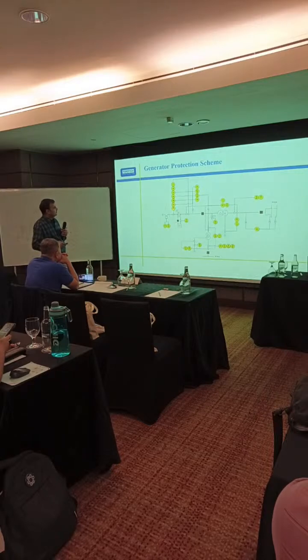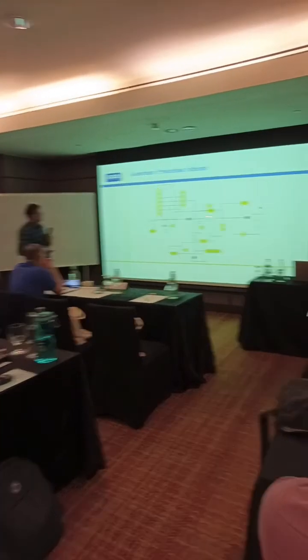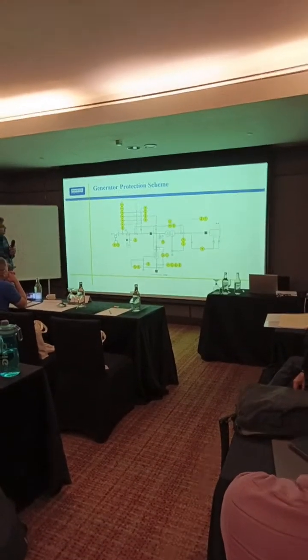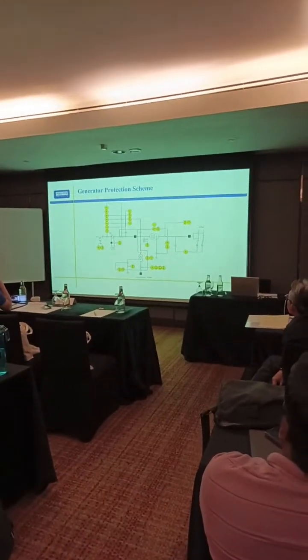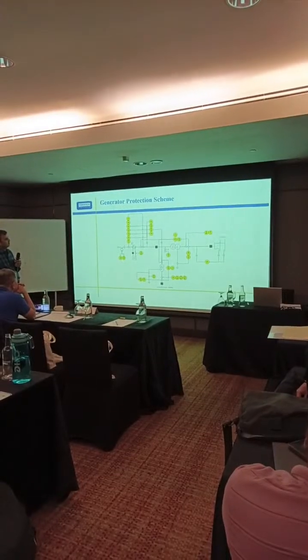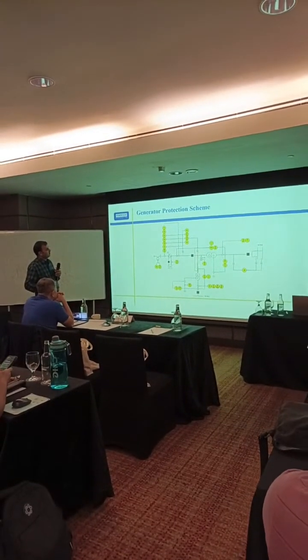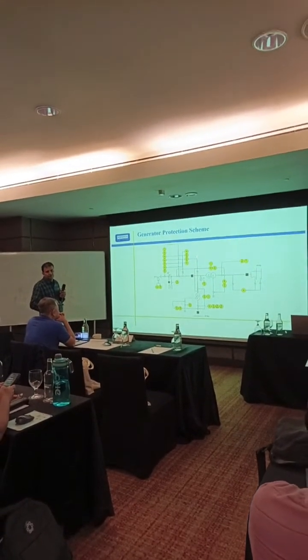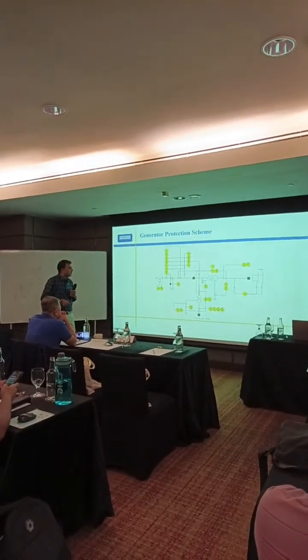Here you can see this is the 87G generator protection. This is transformer protection. This is an auxiliary transformer protection. Here only one, but it might be two or three also, depending on the power plant.